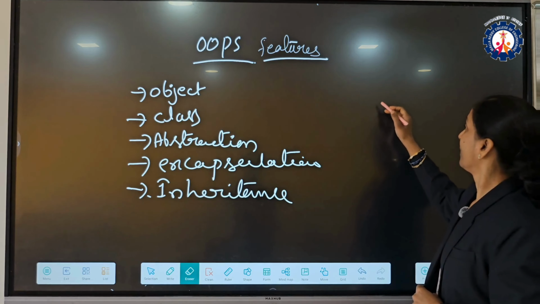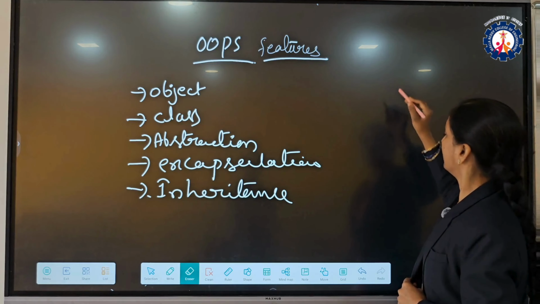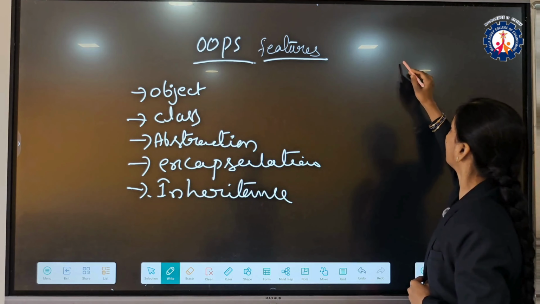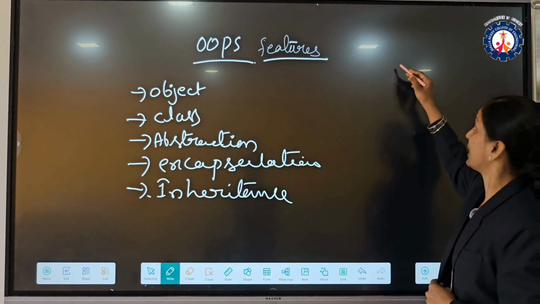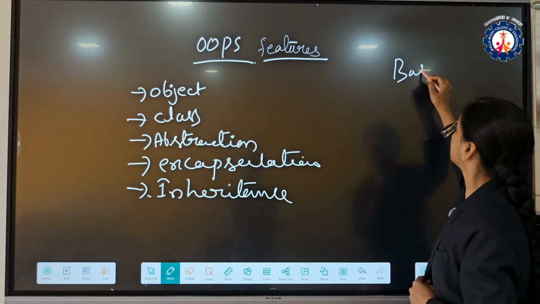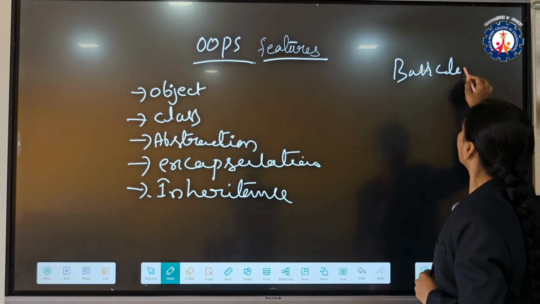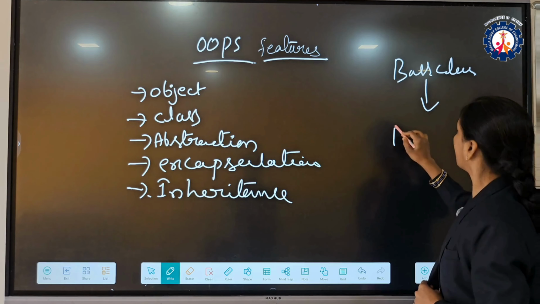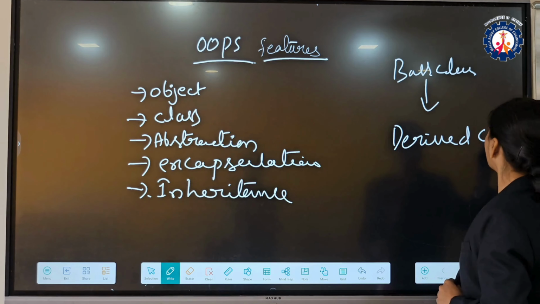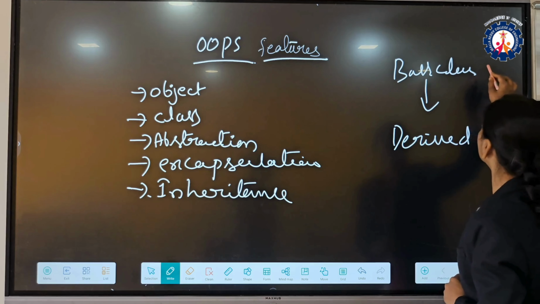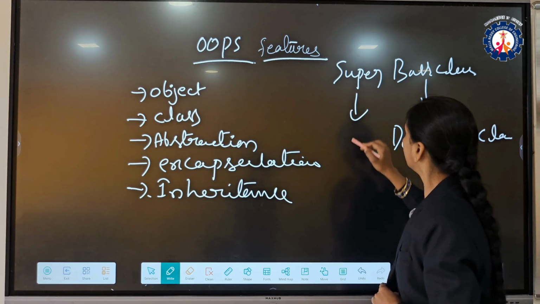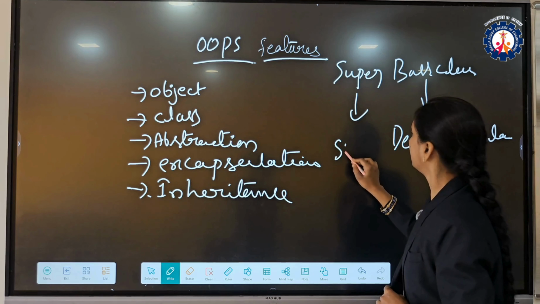For example, the class from which we are accessing the properties, from which we derive another class, is known as a base class, and the class we derive from it is called a derived class. The base class we can also call the superclass, and the class we derive is called the subclass.